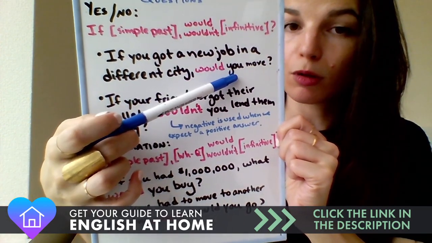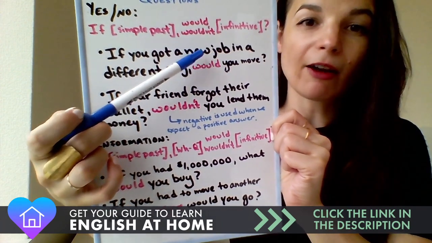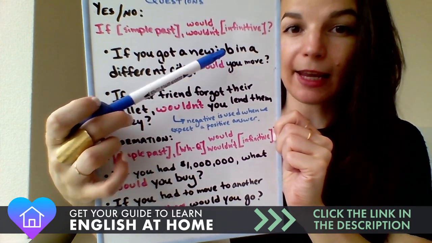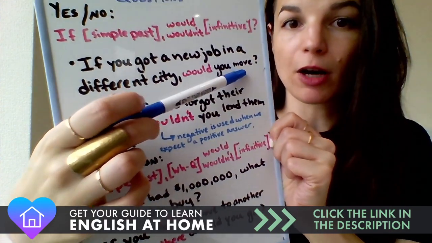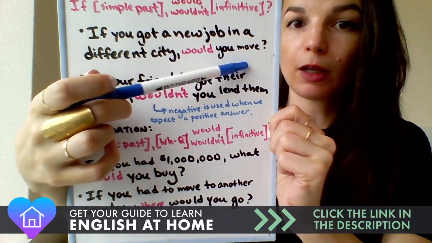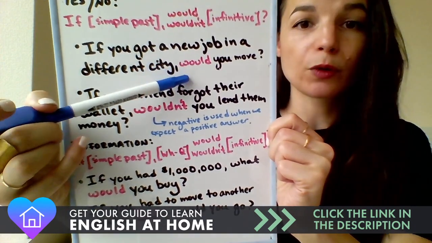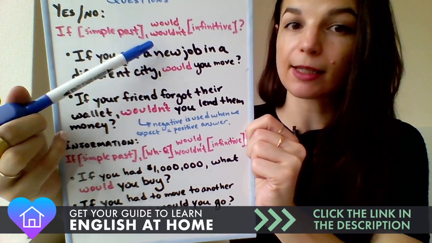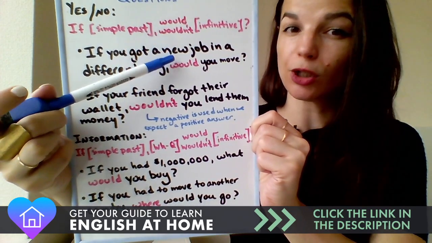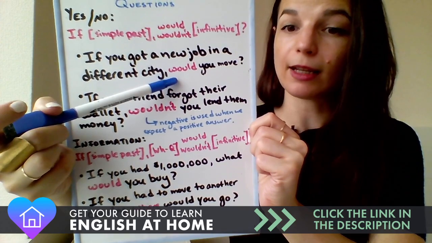Would you move? And of course, these don't have to match. In this case, it's you and you. But we have this before our verb. Would you move? So again, we cannot use will here. Will is incorrect to use because this is an unreal situation. If you got a new job in a different city, would you move?